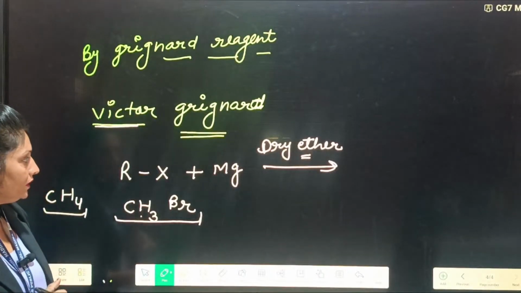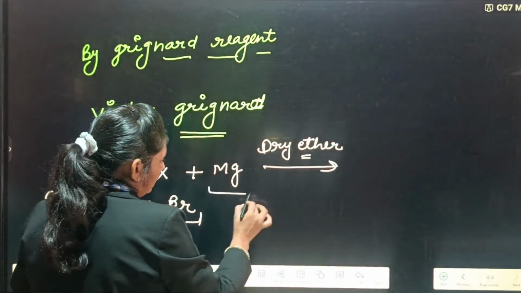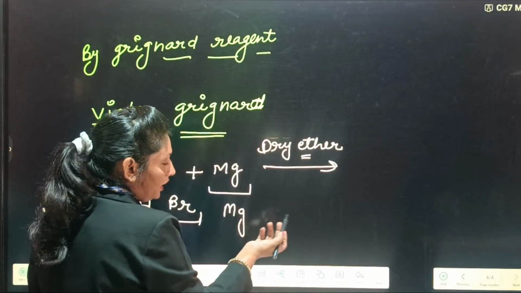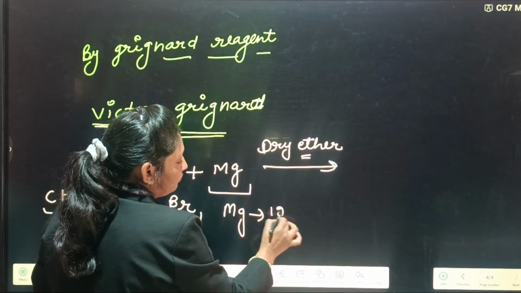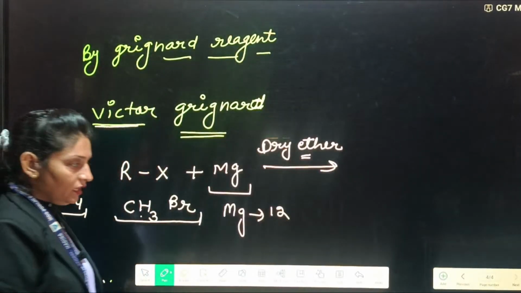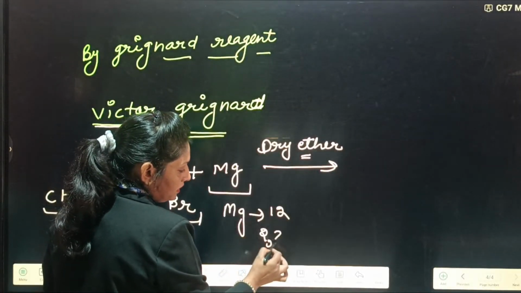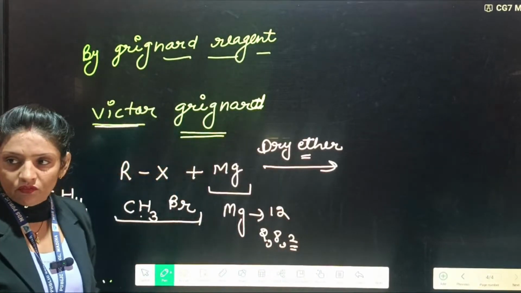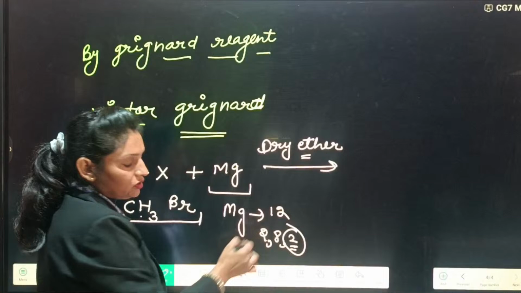Then what will happen? You know very well, magnesium has the tendency to lose 2 electrons because magnesium has atomic number 12, with configuration 2, 8, 2. For getting stability, it can lose 2 electrons.